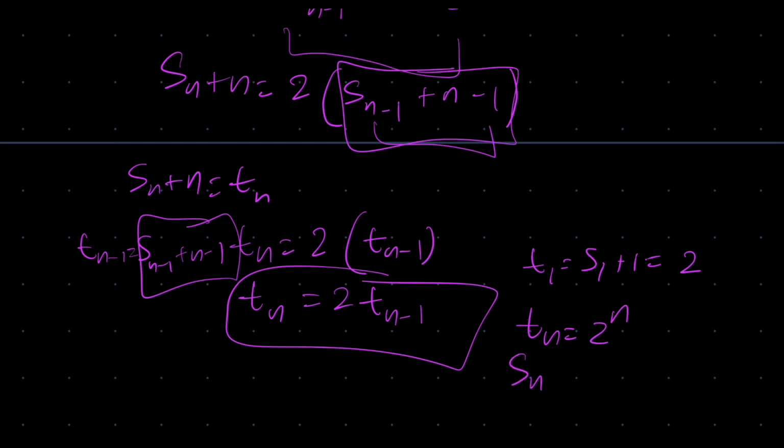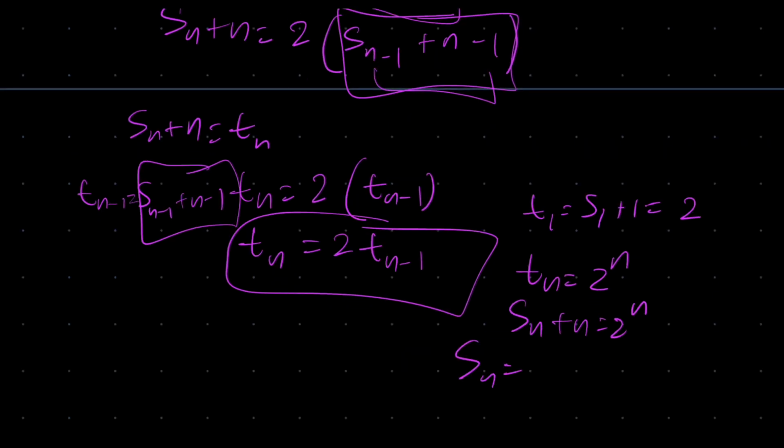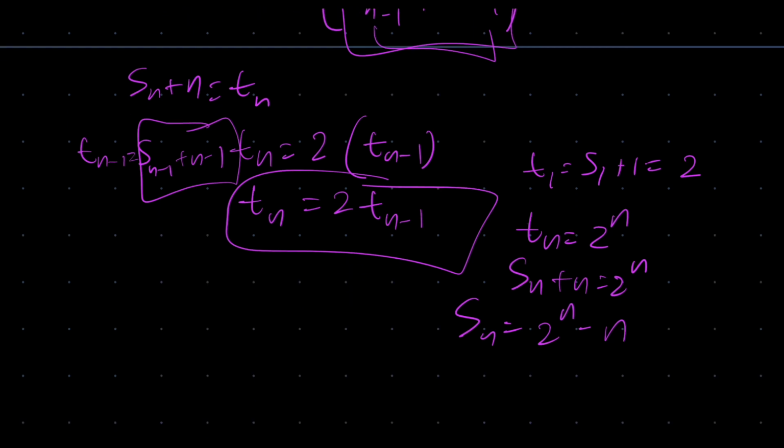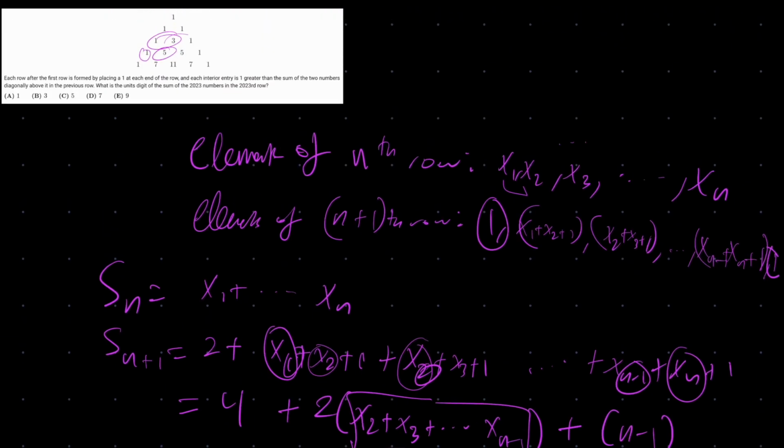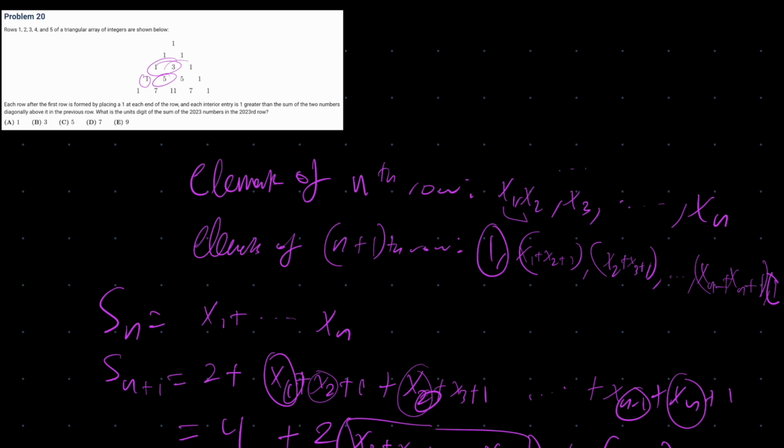So S_n plus n is 2 to the n, which means that S_n is 2 to the n minus n. Therefore, plugging in 2023, this is equal to 8 minus 3, or 5 mod 10. And finally, we've proven that the answer is choice C.